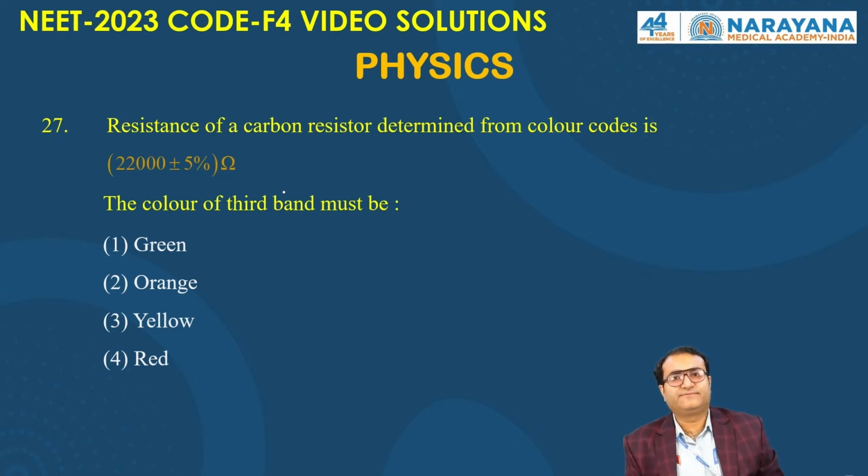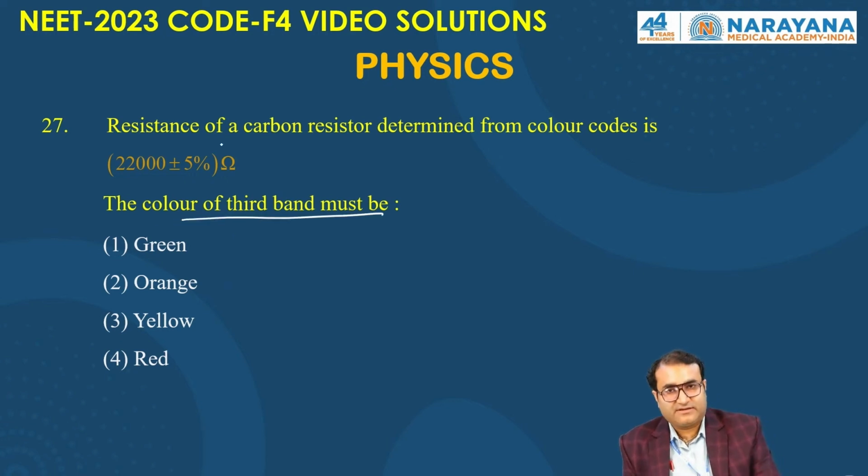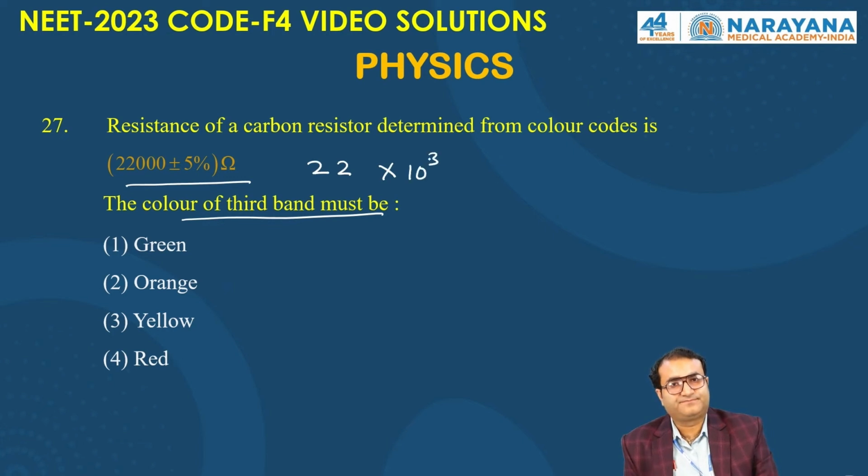Question number 27. You have to find the color of the third band, and the resistance of the carbon resistor is given like this. We can write it like 22 into 10 power 3 plus minus 5%. So multiply, it should lie in the fourth row.